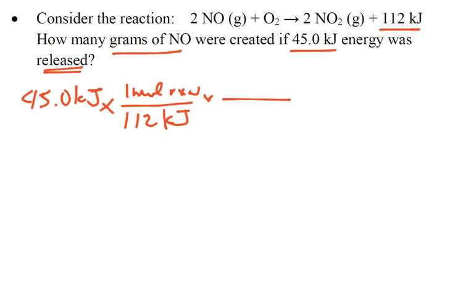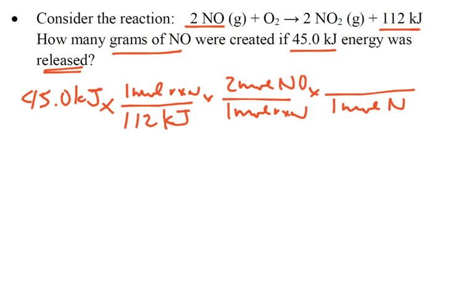And every time this reaction goes, every time I have 1 mole of reaction, then I'm going to have 2 moles of NO, and 1 mole of NO has a certain mass, and my masses are going to be 14.01 for nitrogen. Oxygen we know is about 16.00. So it looks like 30.01.